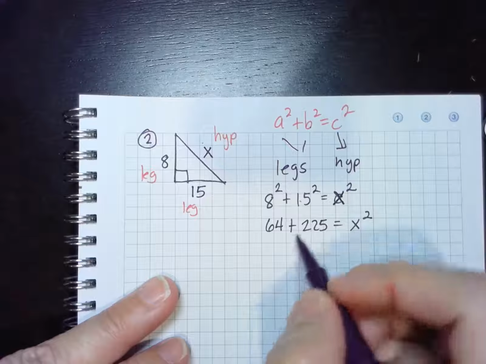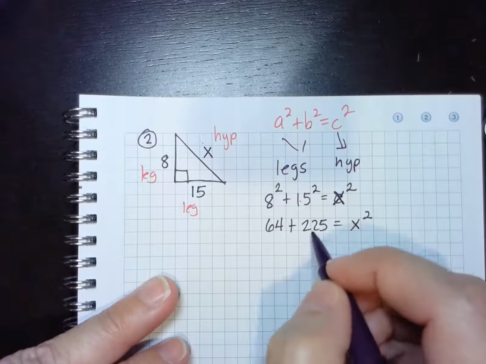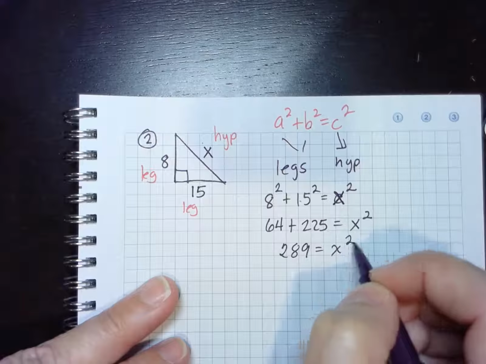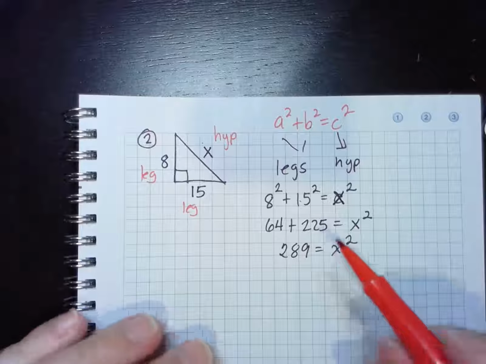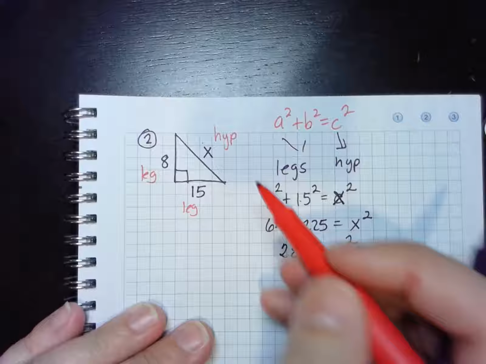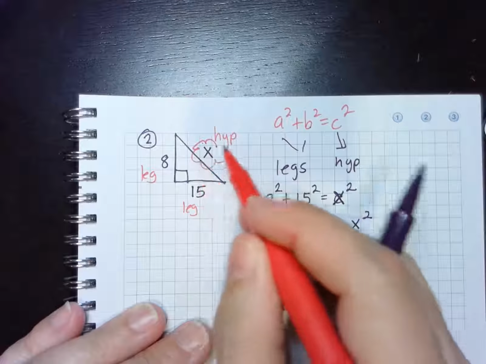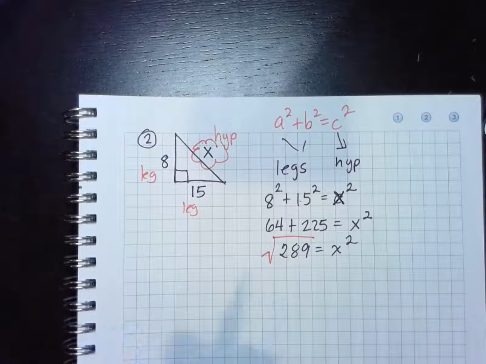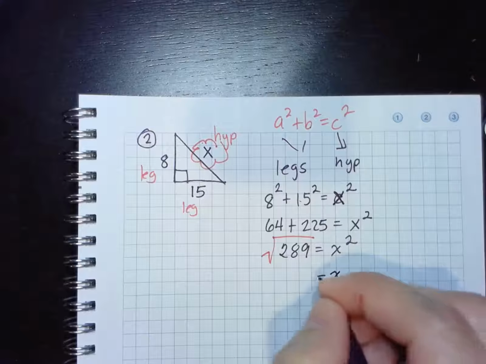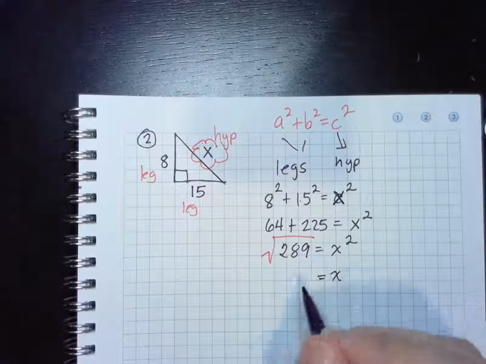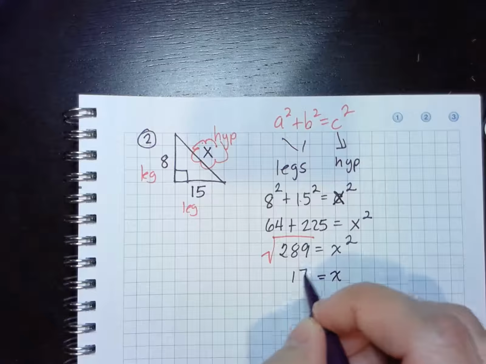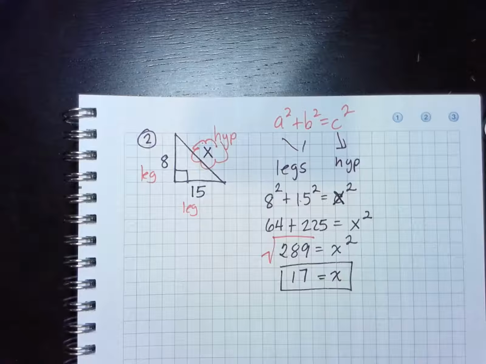So now I'll add these together, and so that's going to give me 289 is equal to x squared. So just like before, I don't want to know x squared. What do I want to know? X. So I have to take the square root. So on my calculator, I can use the square root button, and when I use the square root button on my calculator, the square root of 289 is 17.